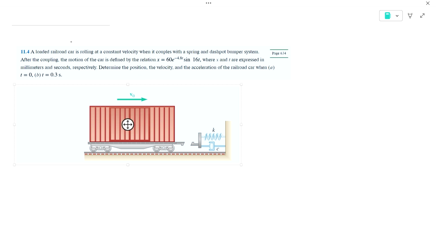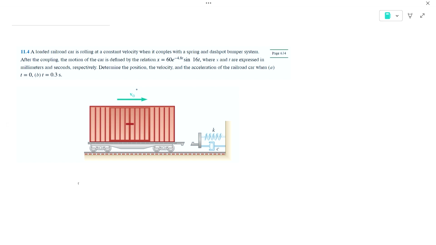Let us look at problem 11.4, where we have a train that couples with a spring and a bumper. This is the perfect example for a situation where we have a change in velocity and a change in displacement.